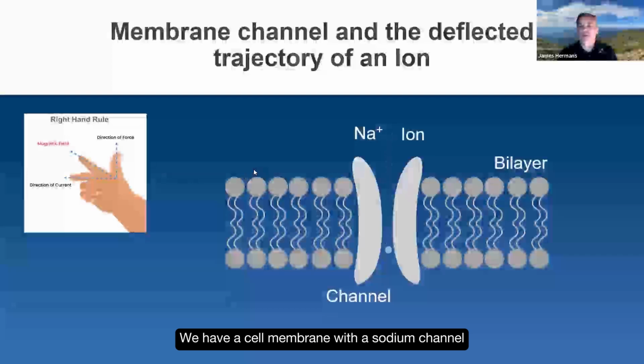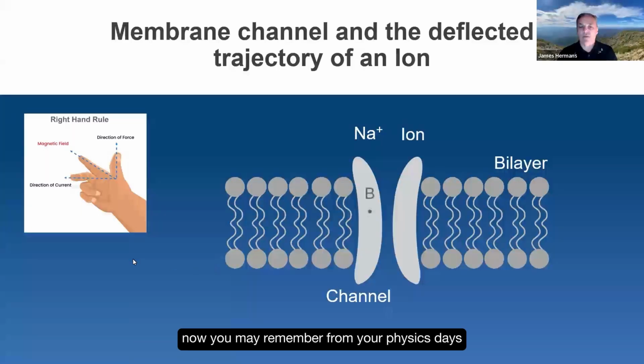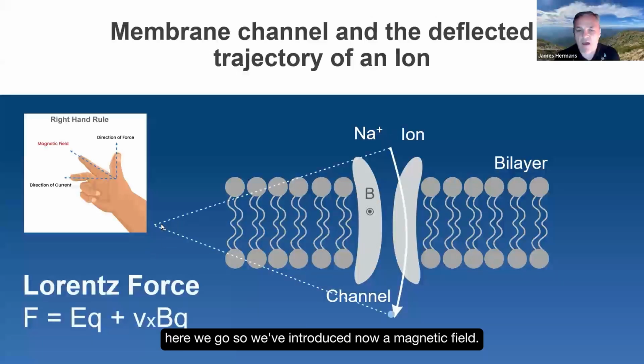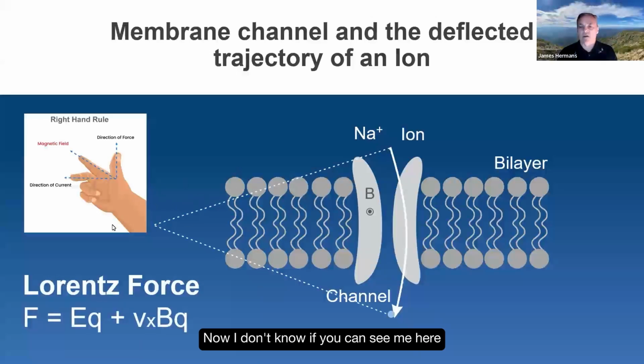And so here we have a cell membrane with a sodium channel, and the sodium will flow through the electrochemical gradient through the channel. Now, you may remember from your physics days, here we go. So we've introduced now a magnetic field, and I'm going to try and do this.